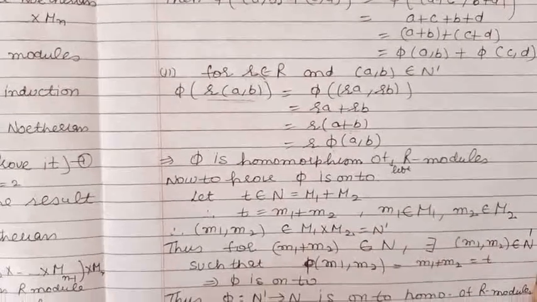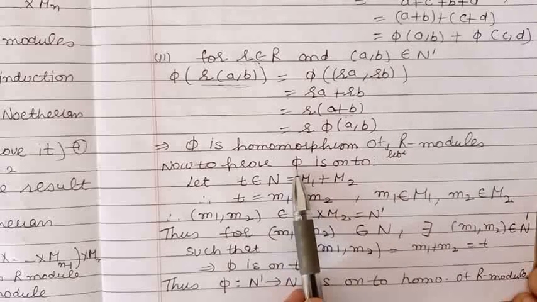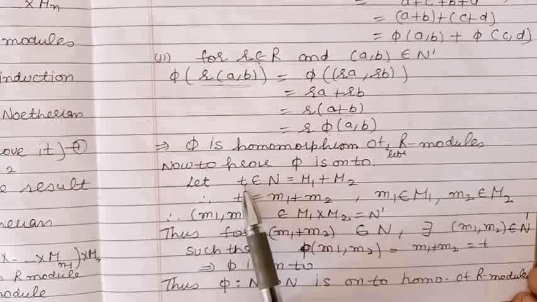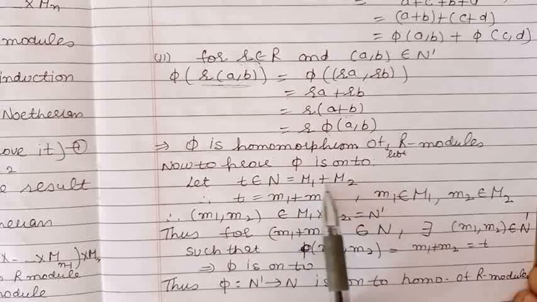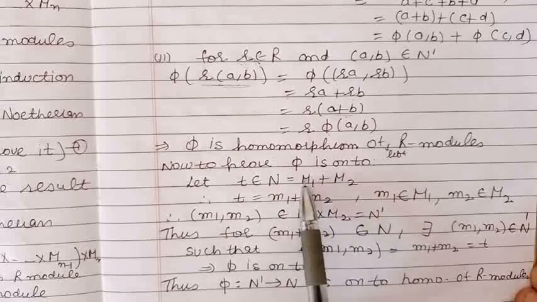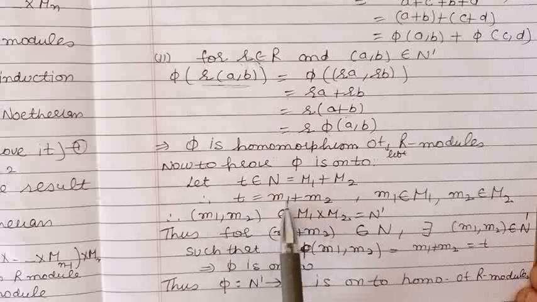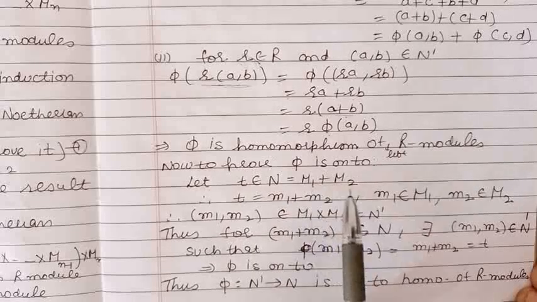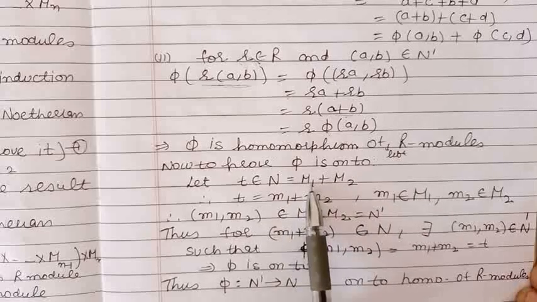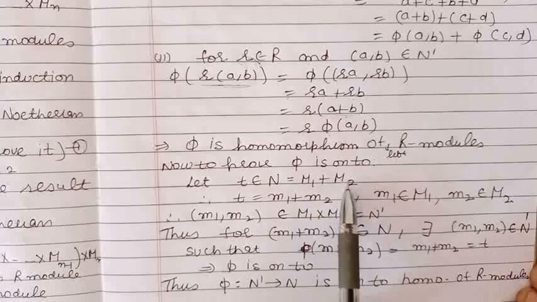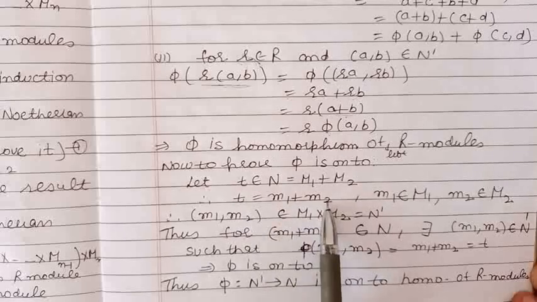Now let us prove this mapping phi is onto. To prove the mapping phi is onto, let us take an arbitrary element T belonging to the module N. N is the module M1 plus M2, so by definition of the linear sum of modules, T will be of the form of a sum of elements from module M1 and module M2. So we have taken an element m1 from the module M1 and m2 from the module M2, so that T can be written as m1 plus m2.